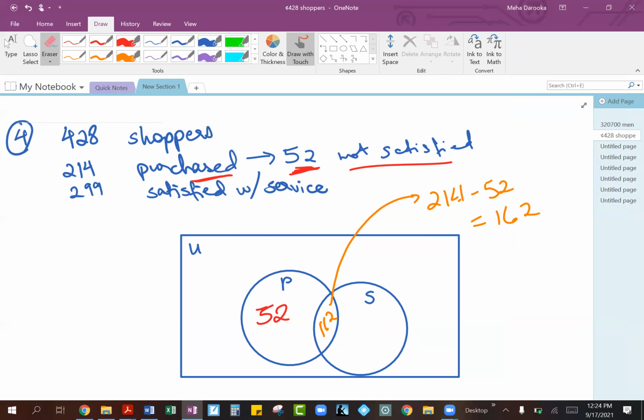That also includes these 162. So that's 137. All right, awesome. So 299 minus 162 is 137. So that goes in here. So we know there's a total of 428 shoppers. So is this adding up to 428 within our three areas in the circle?